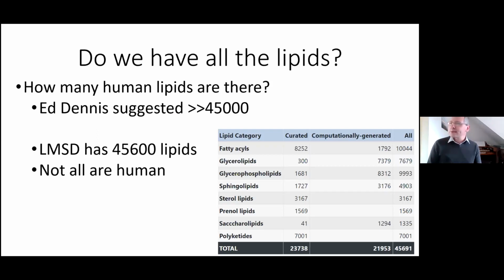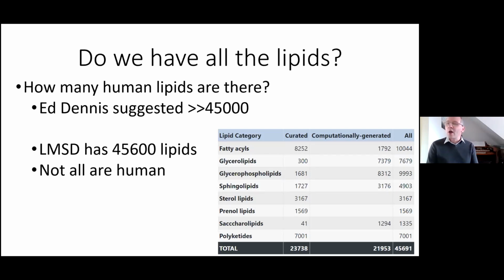Well, Ed suggested on Monday that there are substantially more than 45,000 lipids in the human lipidome, and we have 45,500 lipids in LMSD. Not all are human, so the answer to that question is very definitely no. We haven't found all the lipids yet.